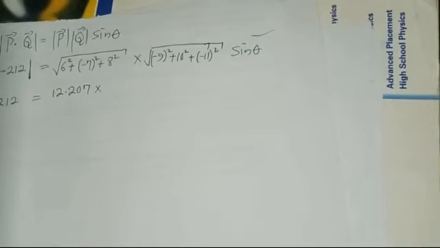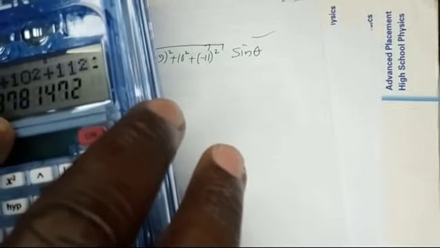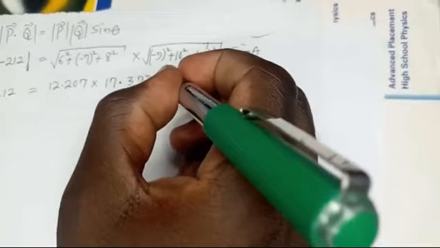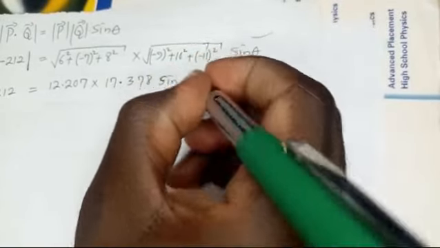This is the square root, open bracket, 9 squared plus 10 squared plus 11 squared. Again you close the bracket and press equals. Look at what you have here: 17.378, multiplied by sine theta.